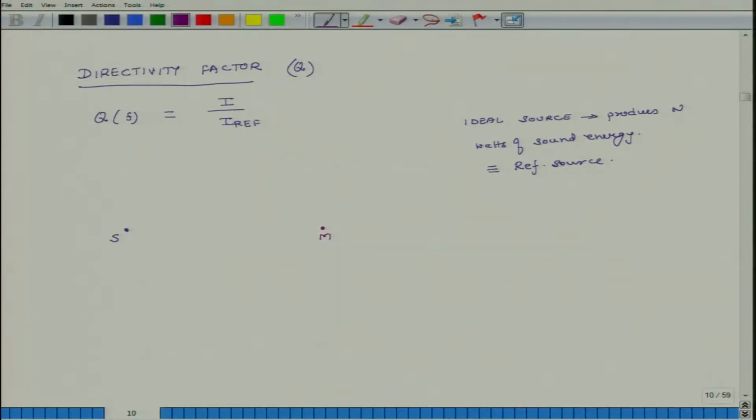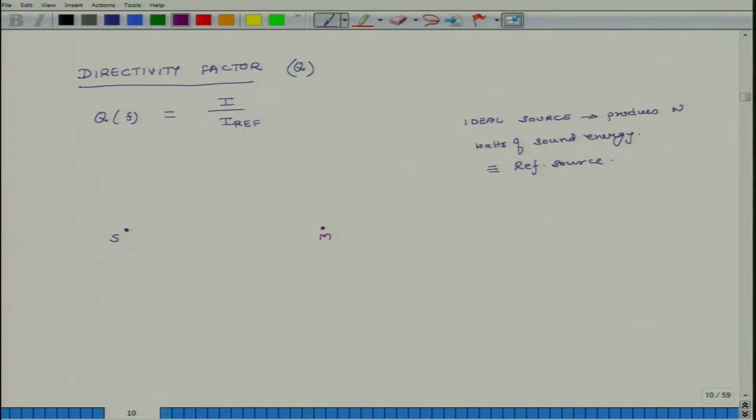Now what do I do? QF is called directivity factor, it is measured by I and I ref. So if it is a point source, then it will be omnidirectional, right?